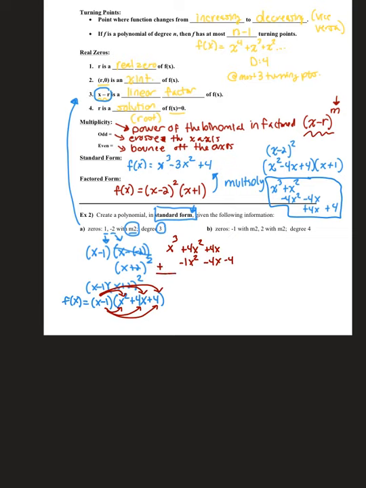And now if I want to add these together, I've got x cubed plus 3x squared plus 0x minus 4. So my function in standard form is this. Notice that we were also told that the degree of the polynomial was to be 3, and we have ended with a degree of 3 in our final standard form.